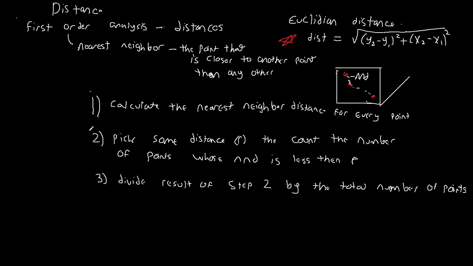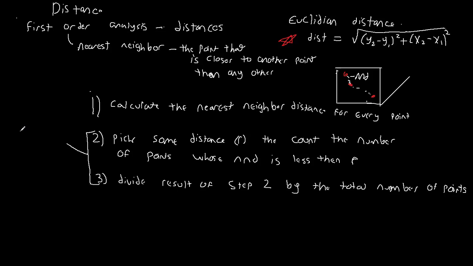I want to talk about what this means. When you do this and divide by the number of points, what you're essentially calculating is the probability that if I were to pick any point out of the data set at random, its nearest neighbor would be within this distance that we've picked here.